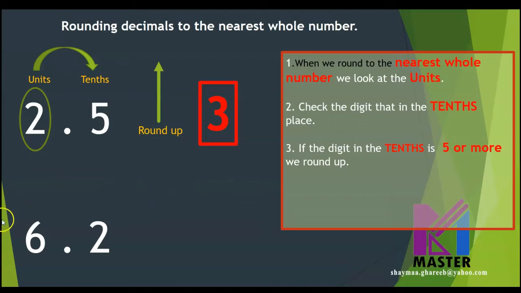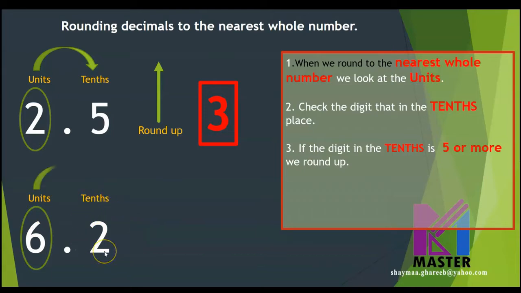Now let's see another example. 6.2 or 6 and 2 tenths. We are going to follow the same steps. When we round to the nearest whole number, it means I'm going to round the digit in the units place according to the digit in the tenths place, next to it on the right.